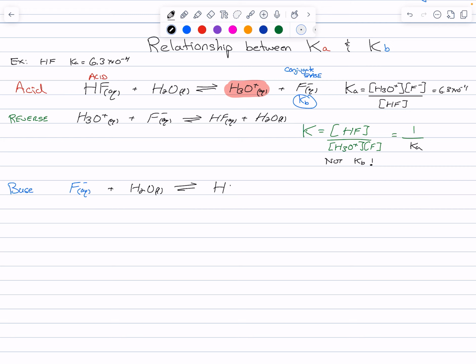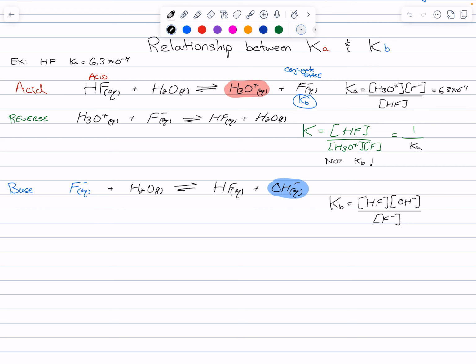So we would get HF and we'd get our hydroxide, which anytime we have a base, a Kb, this species should be in there. And Kb here would be equal to the concentration of hydrofluoric acid, the concentration of hydroxide, over the concentration of fluoride.